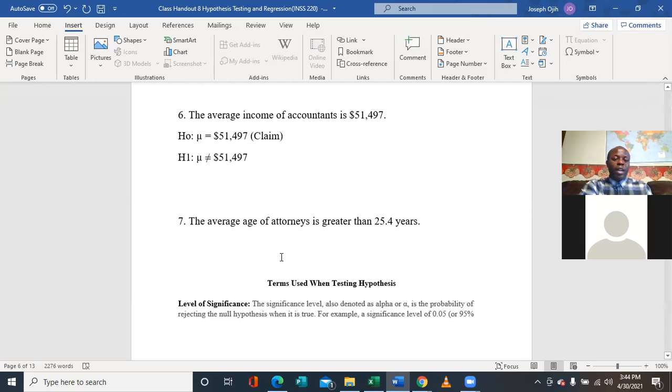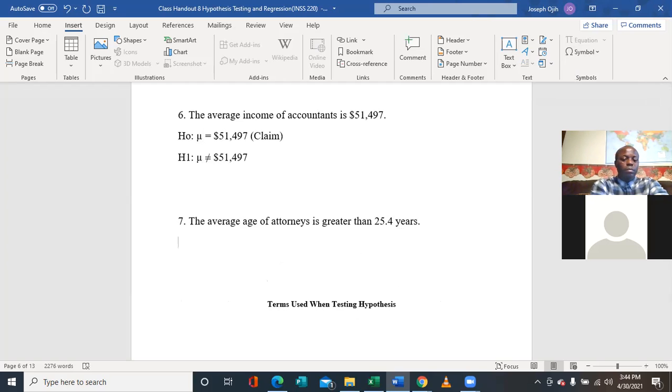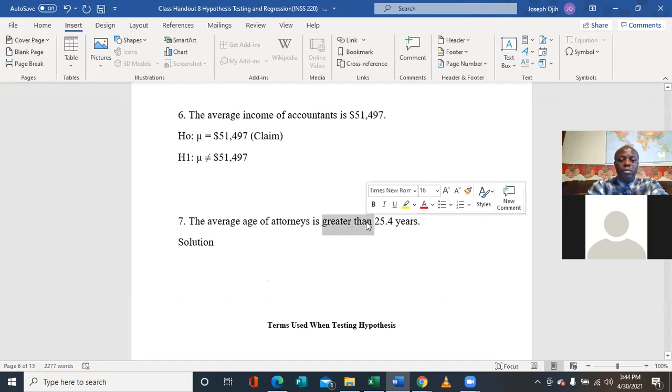Now, you see the average age of attorneys is greater than 25.4 years. So, solution. The keyword here is greater than, so you use the greater than symbol, and then the average age.